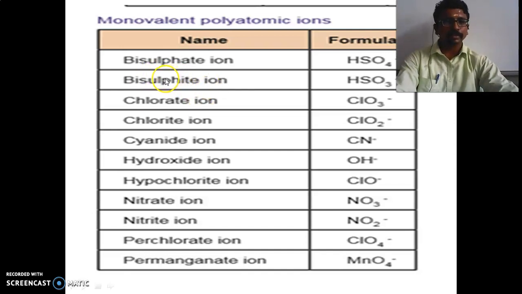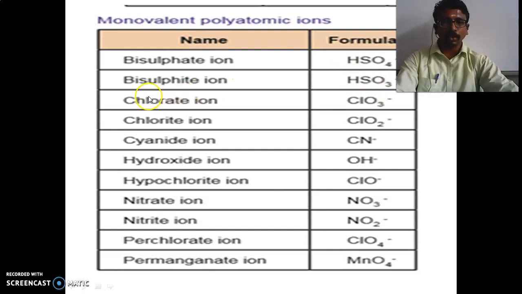Sulfite: if ATE means SO4, then ITE means SO3. We have to reduce the number of atoms by one. Sulfate is SO4, sulfite is SO3. So bisulfite is HSO3-.